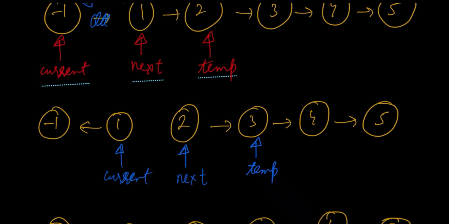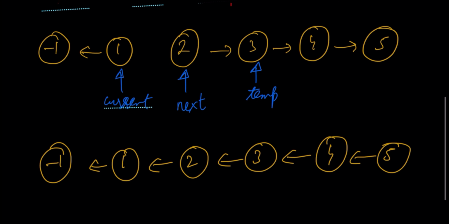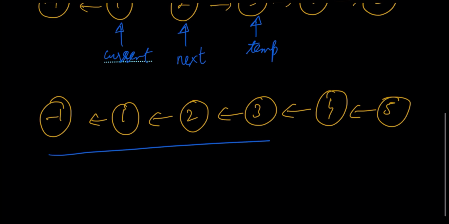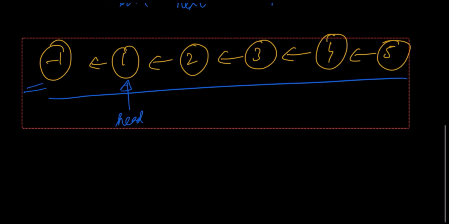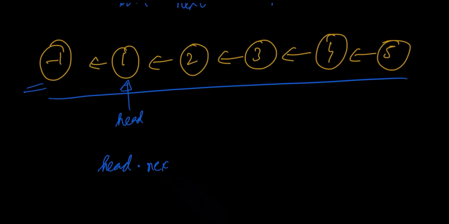As we go through the while loop, we end up in a situation like this, where the head node points to the dummy node. We have to update head.next as null, and at the end we can just return the current pointer and we'll be done.